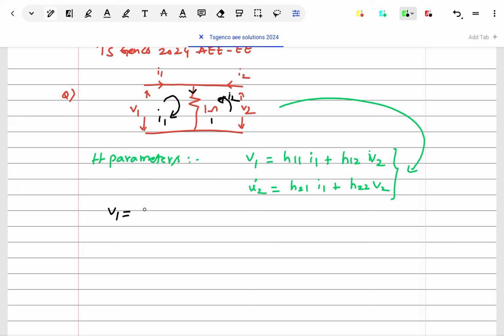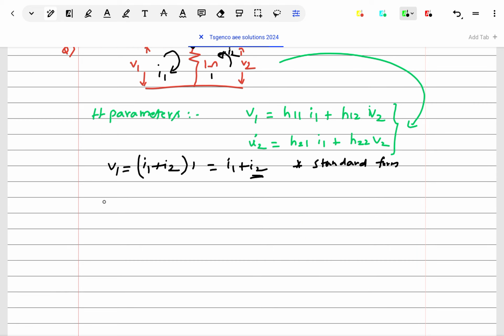So V1 is nothing but the total current I1 plus I2 into the 1 ohm resistance, which is I1 plus I2. By looking at this equation, don't compare and say H11 is equal to 1, because you have to write it in the standard form of equation. So remember this point, we have to write in the standard form.